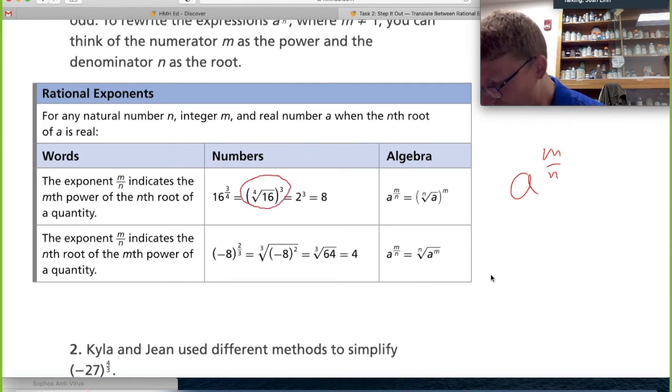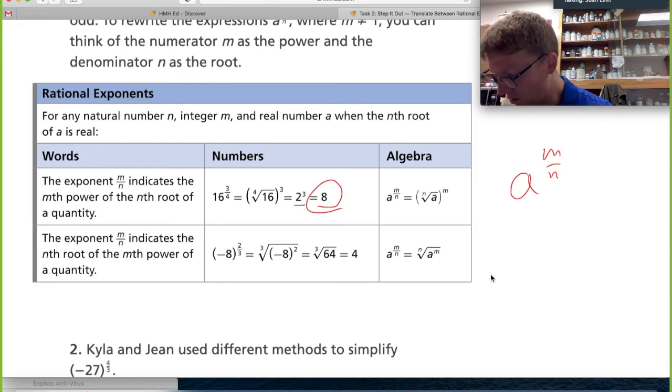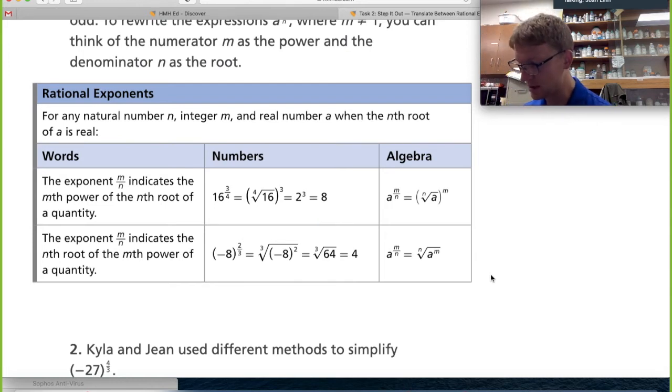Once you're here, you can pick whether you do this first or that first. It doesn't actually matter. You're going to get the same number. So in this case, they took the 4th root of 16, they got 2, and then they cubed 2, they got 8. So when I say you can do either one first, that's what they're doing down here.